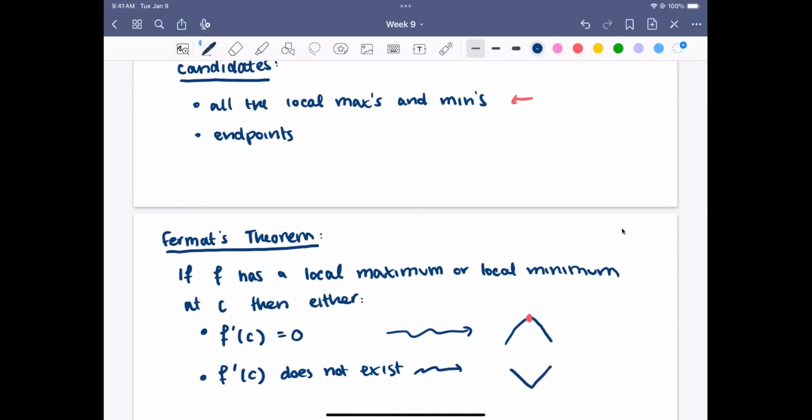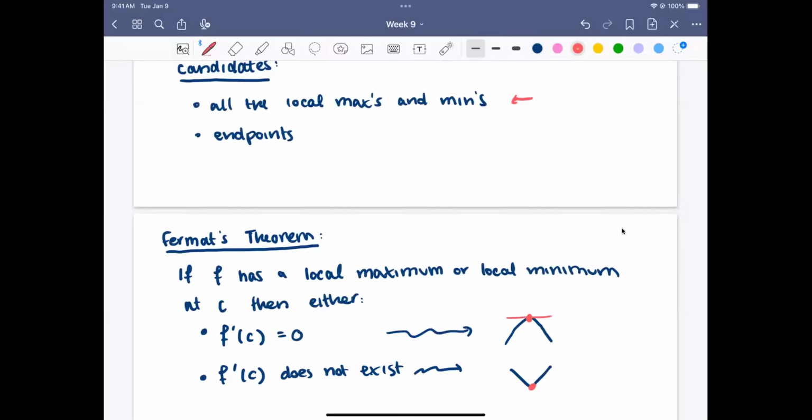The derivative at 0 does not exist, but this would still be a local min. It actually is a global min if that's the problem. So something like that. Draw a little tangent line here. Okay, so if I want to know what are the local maxes and the local mins, this theorem tells me that I have to find the places where the derivative does not exist, and I need to find the places where the derivative is 0.